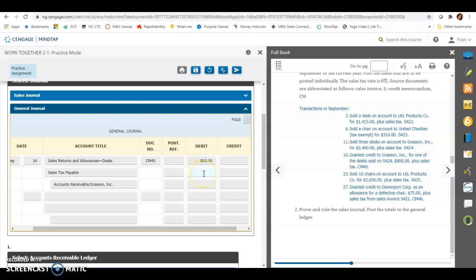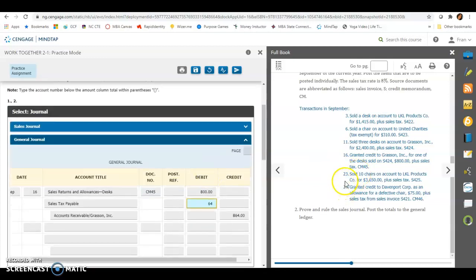We're not going to have to pay $64 of that sales tax payable, so that's a debit. And then the entire amount that we have to credit Grayson is $864 because we have to return their sales tax too. We're not going to pay their sales tax, so that's why that's over here.